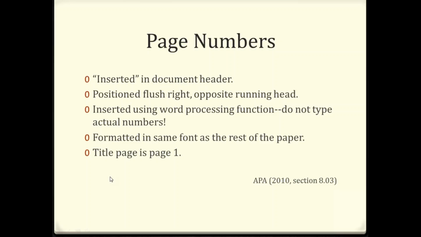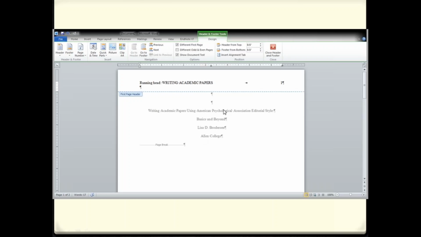So for an APA formatted paper, the title page is always page 1, and that page number always does appear on the title page in the upper right-hand corner. This is just a screenshot of a basic title page, and you can see that the full title of the paper is ghosted out here because I've got the document header active, and then you can see the header formatting toolbar up here.